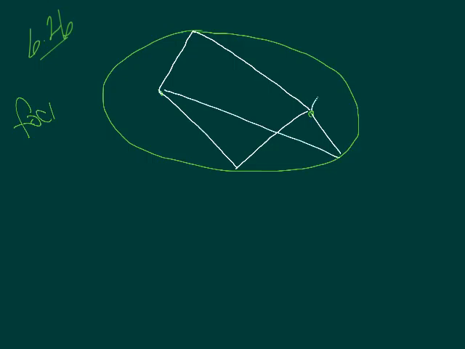So the lengths of these, when you add these two up, are always going to be the same length. Doesn't matter where I go, when I add all those up, they're all going to be the same length. Meaning, the length of this plus this equals the length of this plus this, which equals the length of this plus this all the way around. Okay, so that's the definition there.